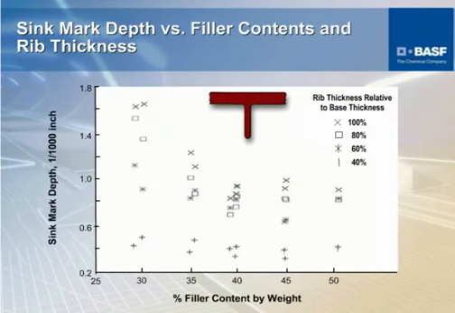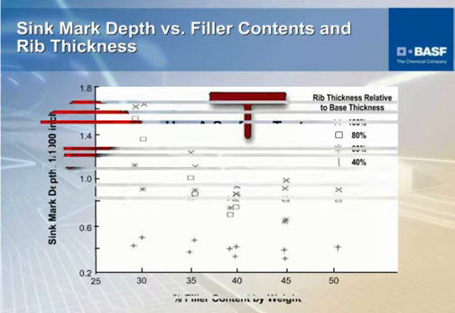For sink mark depth, we tried to analytically study several things, and we looked at the amount of filler content with rib thickness, and we looked at the rib thickness compared to the base wall of 100 all the way down to 40, and consistently you can see that when you go to the 40% rib, all these different cases are going down. So the bottom line is the thinner rib is going to create less sink mark.